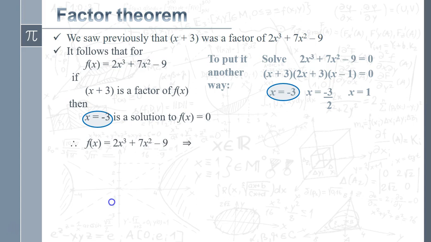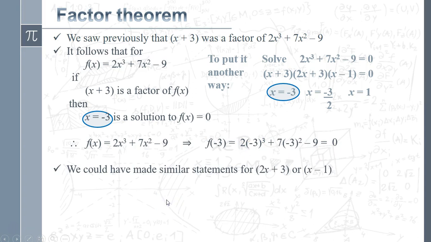So what that tells us is that if I take my function and I put in a minus 3 into here, what I'm going to get out of this is going to be 0, because we know x equals minus 3 is a solution to this. It's a value of x such that this equation here equals 0, and it clearly does. And we could have made similar statements for the other two factors and their roots as well.